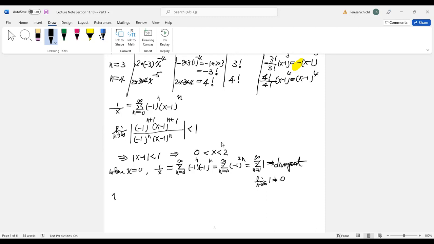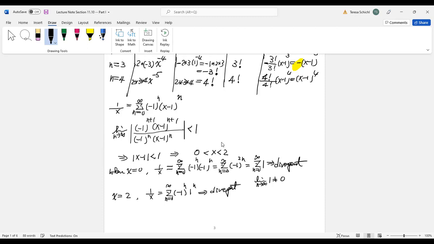Now I check when x equals 2. Then 1 over x is equal to the summation n from 0 to infinity of (-1)^n times 1 to the nth power, and this one is also a divergence.